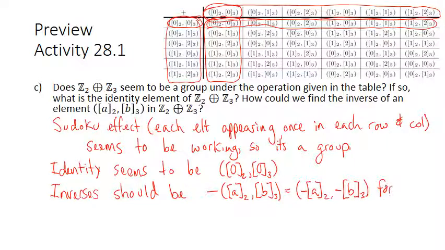For example, if we wanted to know the inverse of 1, 1, then we do the negative on both parts, and then negative here too. Oops, not a 1, not a 3. A 1 there and a 3 there.